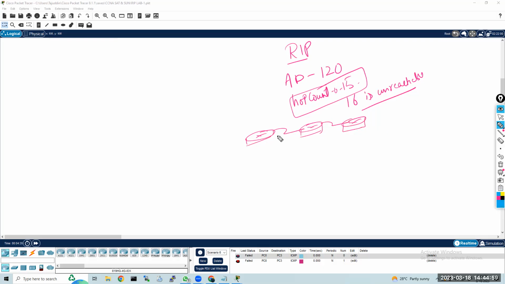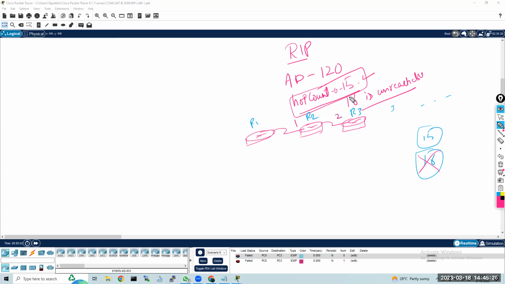This is my R1, this is my R2, this is my R3. This is the hop count: 1, 2, 3. Like this, it will work up to 15. If you connect 16, it will not do the communication. RIP works based on the number of hop counts.